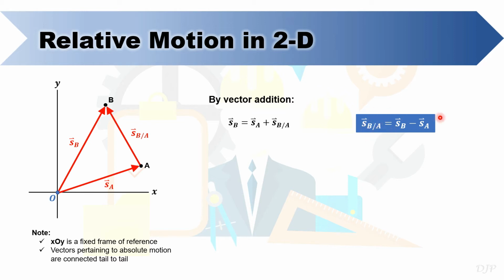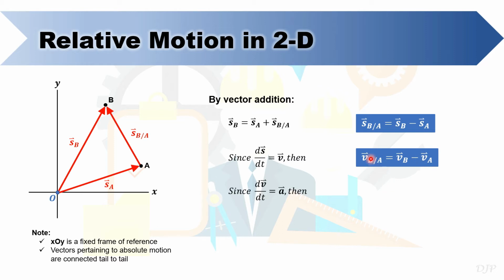If we now differentiate our equation with respect to time, then we will be able to get the formula for relative velocity. Even in this formula, the pattern of the subscript still applies. Again, if we differentiate our formula with respect to time, then we will get the formula for the relative acceleration.